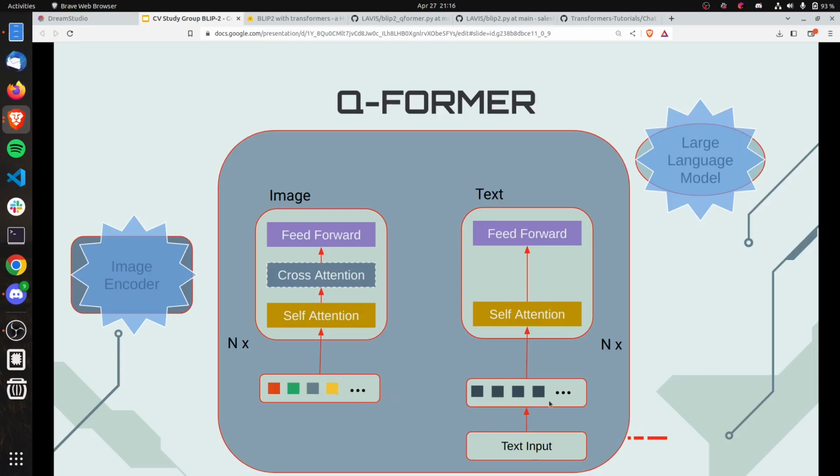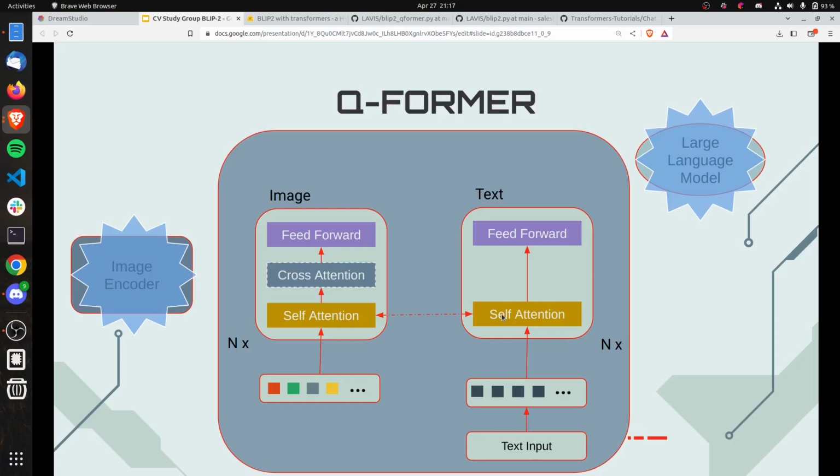On the text side, we have some kind of text input, especially for pre-training, and that also gets into token format and gets handed to the self-attention. Now, a special thing here is that these two self-attention boxes are actually one.